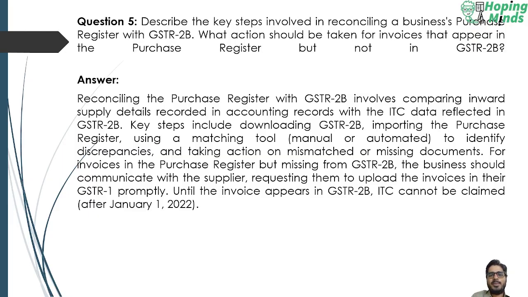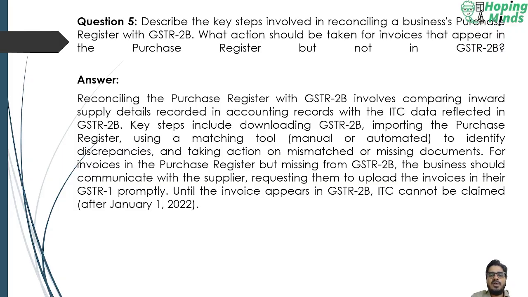So reconciling the purchase register with GSTR 2B involves comparing inward supply data recorded in accounting records with the input tax credit data reflected in GSTR 2B. Key steps include downloading GSTR 2B, importing the purchase register, using a matching tool, either manual or automated, to identify the discrepancies, and taking action on mismatched or missing documents.